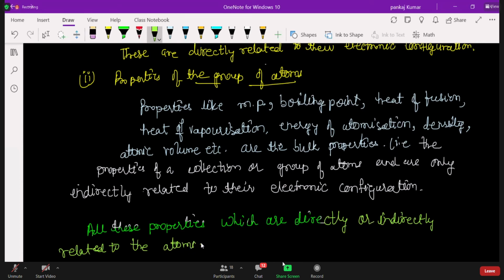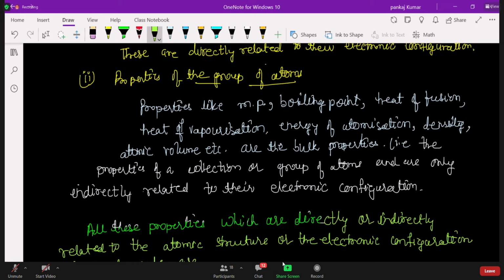Atomic structure or the electronic configuration of the elements are called atomic properties.